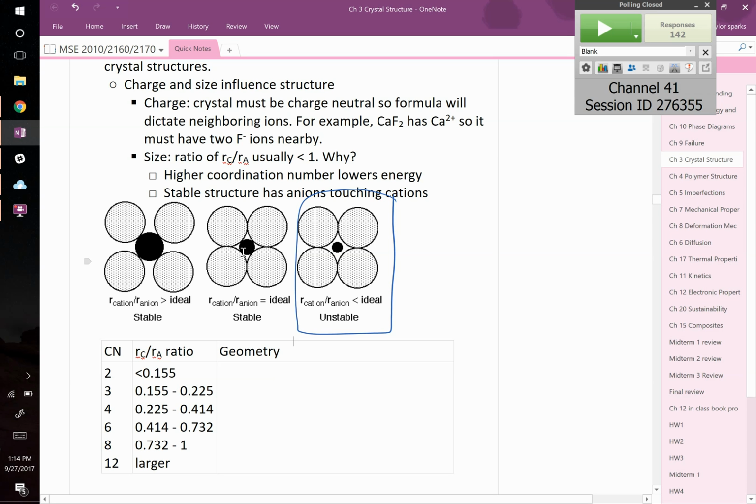Meanwhile, over here, you have this ideal ratio where the anions are touching one another and the cation is touching all of them. So that size is what we call the ideal ratio. And then if it's larger than the ideal ratio, as long as the negative and the positive ions are touching one another, that can still be stable, right? So imagine if I drew it even more exaggerated. Let's say you've got this scenario, right?